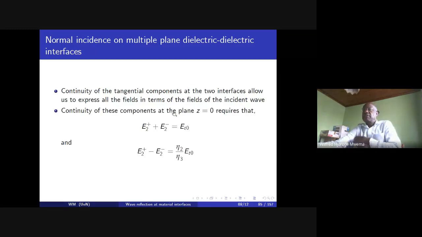So the continuity of the component at z equal to 0 will require that E2 plus plus E2 minus must be equal to Et0. That is the continuity of the tangential component of the electric field across the interface. And the continuity of the magnetic field across the interface will be given by that value.